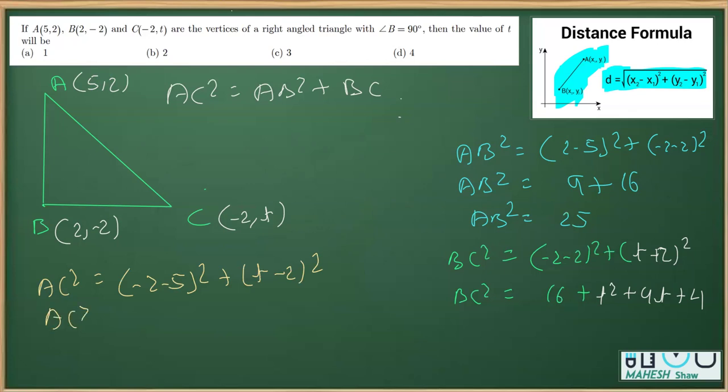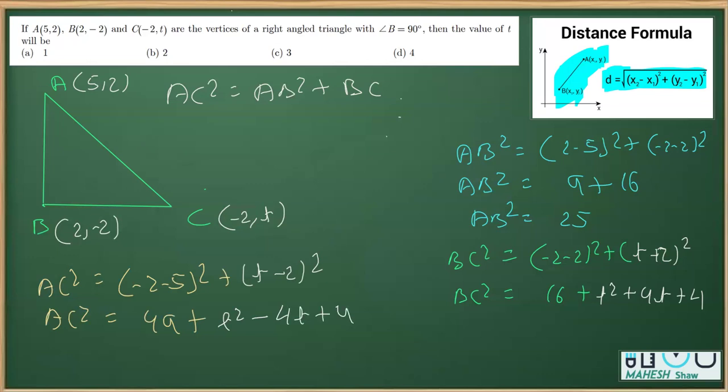It doesn't make a difference which point we take as 1 or 2. On simplification, this is minus 7 whole square, which is positive 49. Here also I'm going to expand using (a minus b) whole square: a square minus 2ab plus b square.